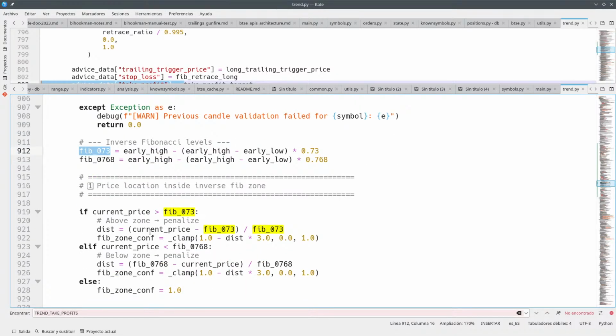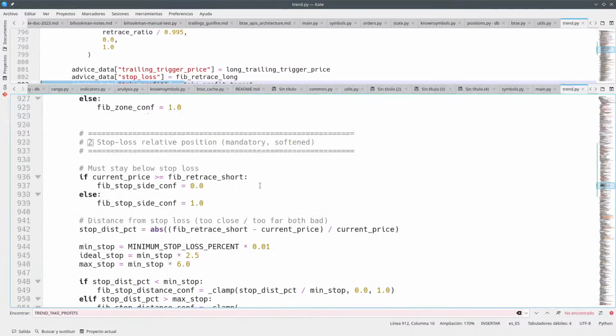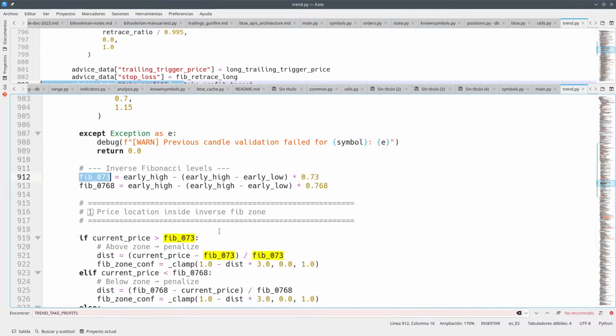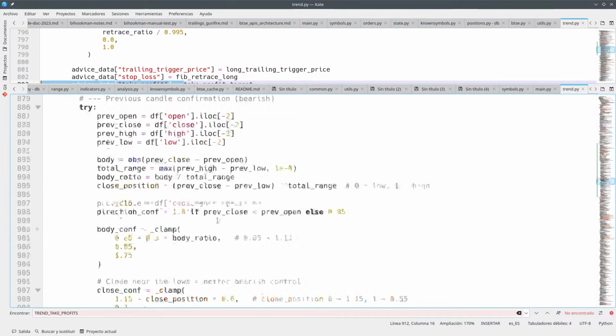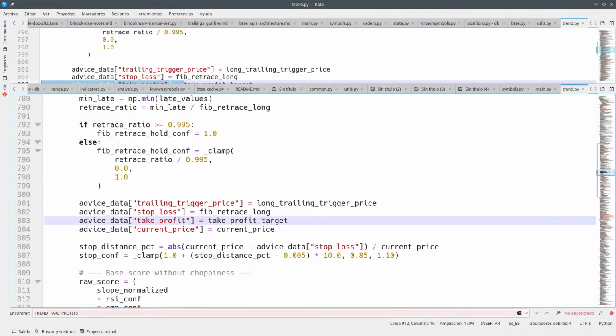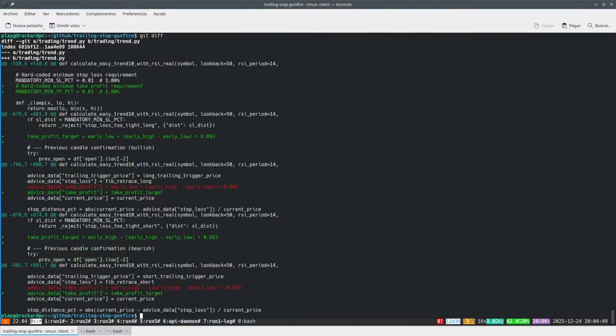And this is also hard-coded, and I think that we have Fibonacci from state somewhere else, but I don't know where the hell that is. So for now, what we have done is have a mandatory minimal take profit, and we have take profit target, which we replace here, and a take profit target, which we change here.